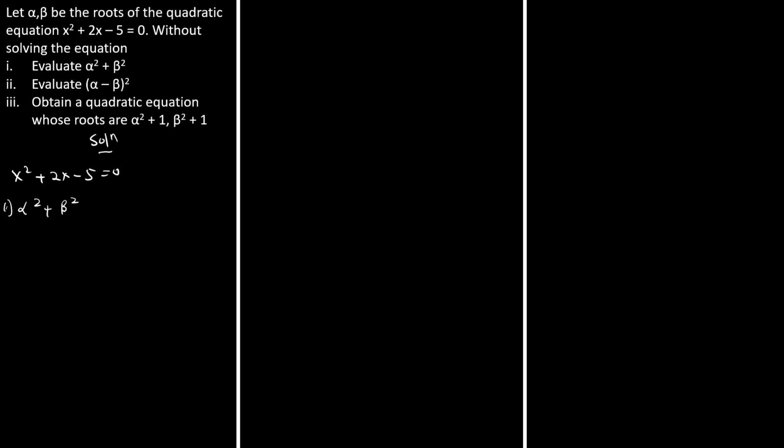So the question gave us alpha square plus beta square, right? And let me give you a fair idea of it as well. Whenever we are given alpha square plus beta square, it is derived from alpha plus beta all square minus 2 alpha beta. Let me reframe it.